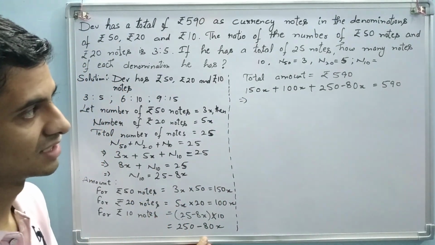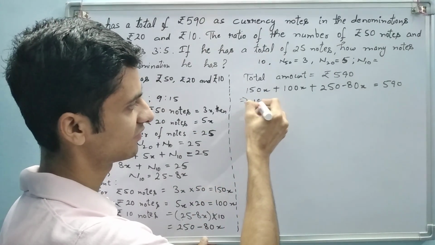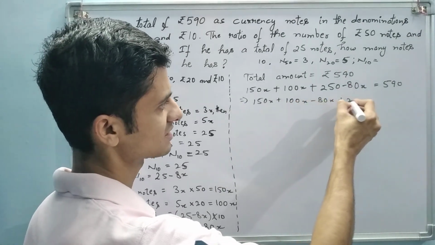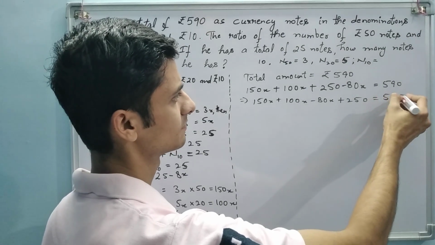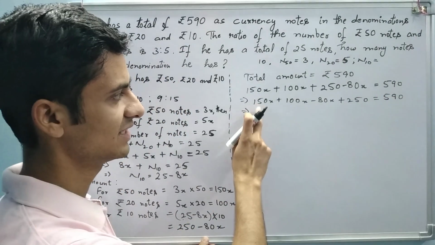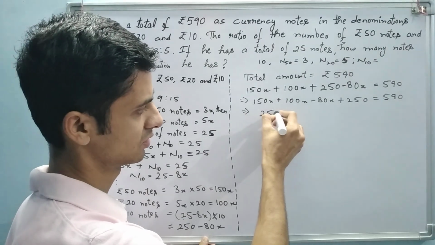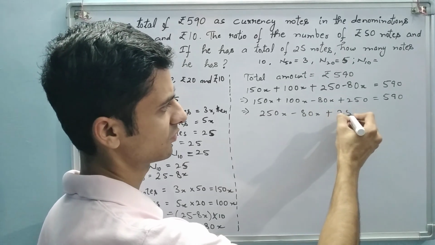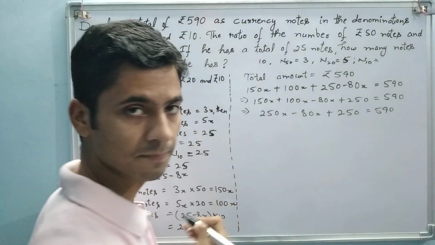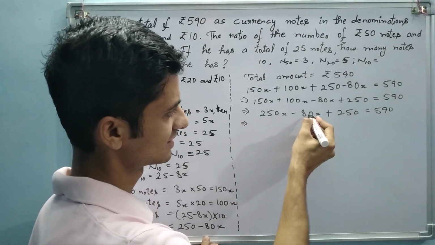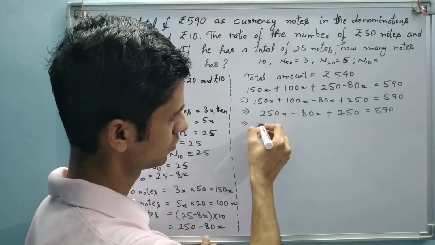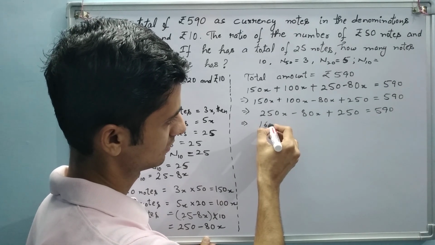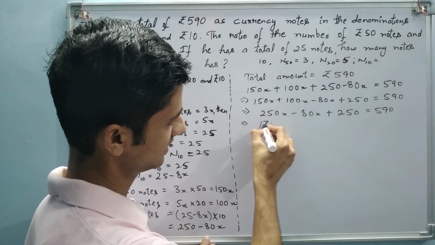So now, combining like terms, meaning the terms having x, writing them together. 150x plus 100x minus 80x plus 250 equals 590. 150x plus 100x is 250x, minus 80x, plus 250 gives you 590. 250x minus 80x will give you 170x.